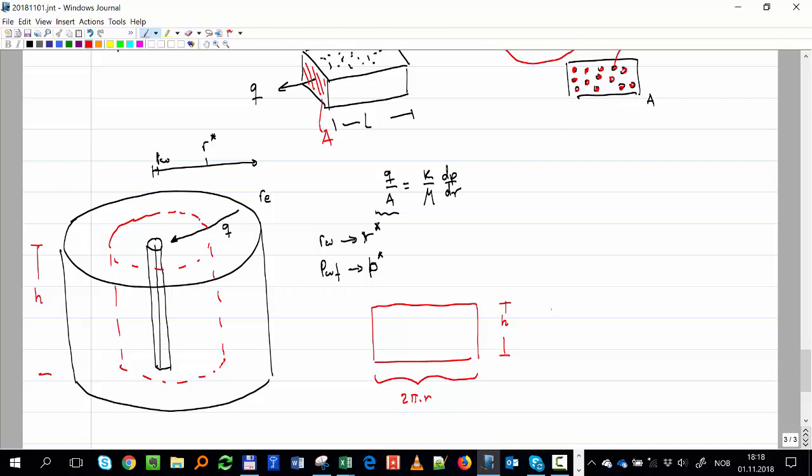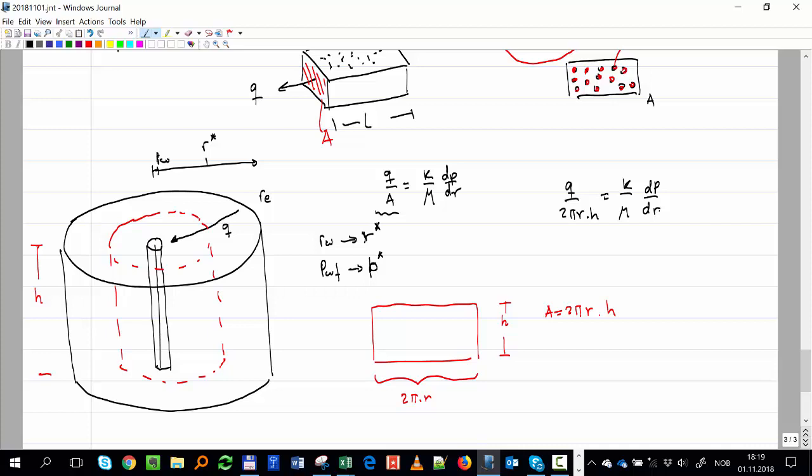And that's my area: area is 2 pi r times h. Then I substitute that in this equation: Q over 2 pi r h equals k over mu dp dr. Now I have to put everything that depends on pressure on one side and everything that depends on radius on the other side.